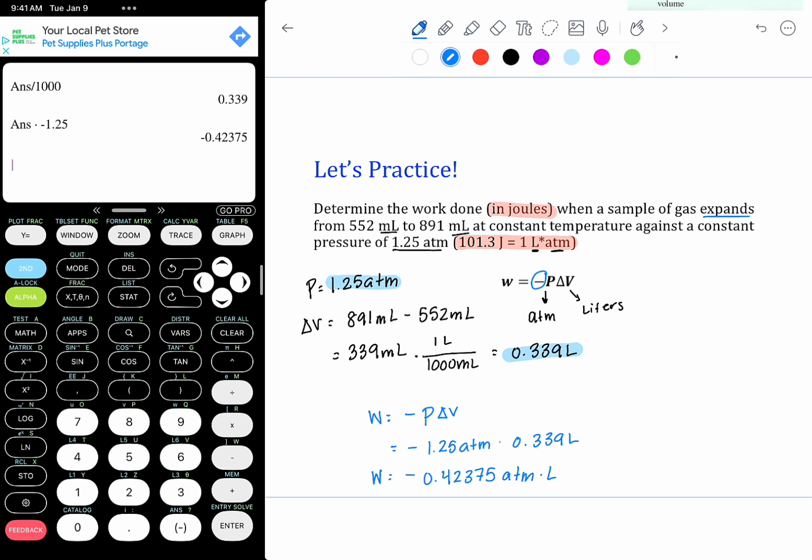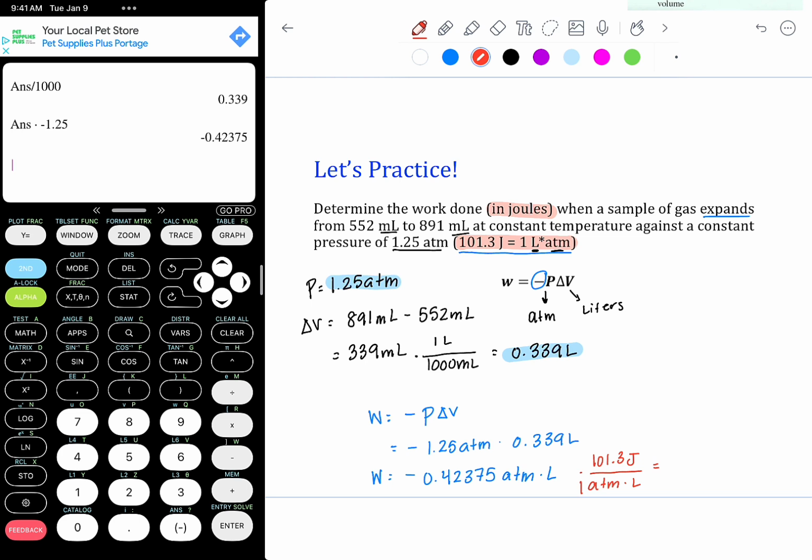So now we want to use our conversion factor up here to convert from atm liters to joules. So we'll put atm liters on the bottom, just one of those, and we'll put 101.3 joules on the top.